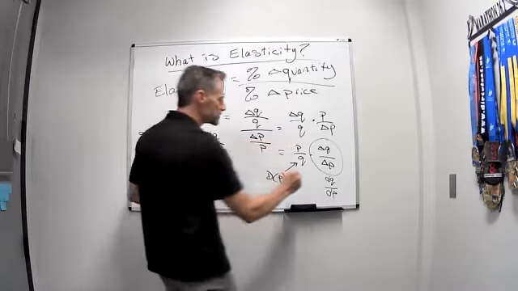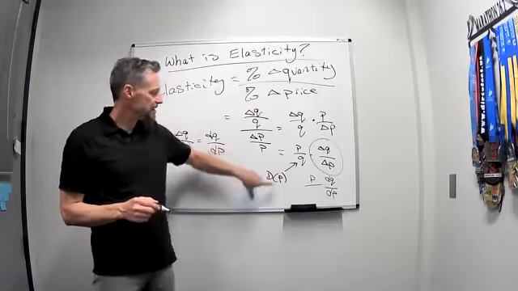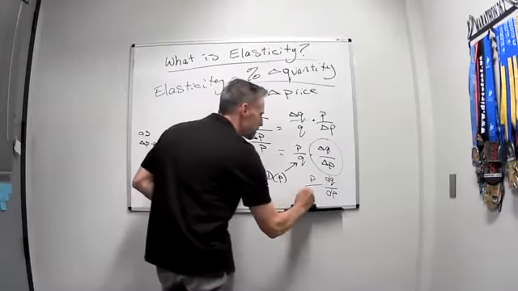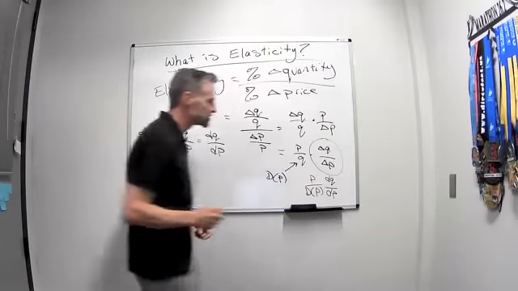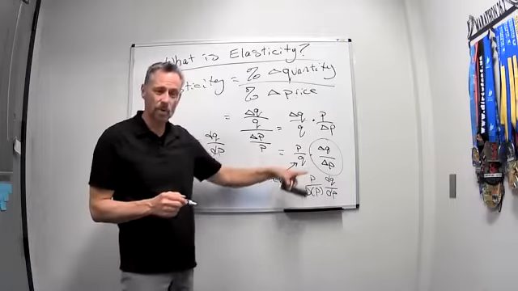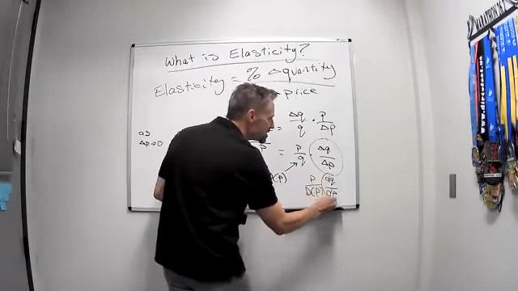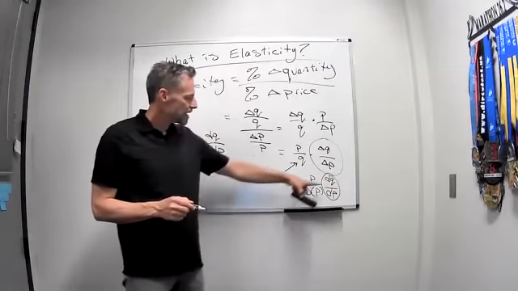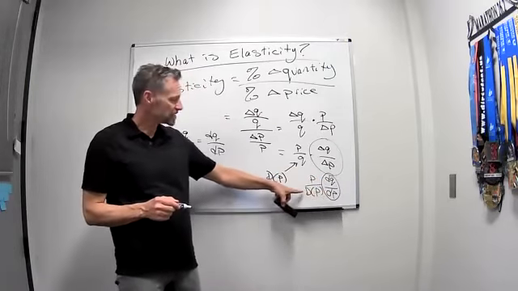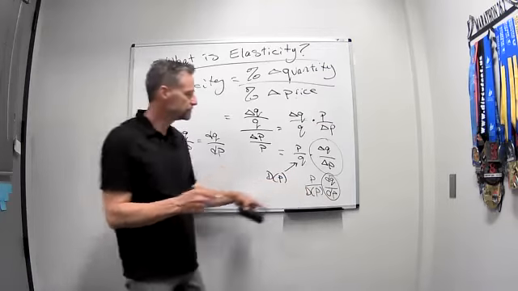Price is still price. Quantity is the demand function. Well, that's essentially what we're doing here. Let me go one step more, because dq/dp, the change in quantity with respect to price, is the derivative of the demand function.